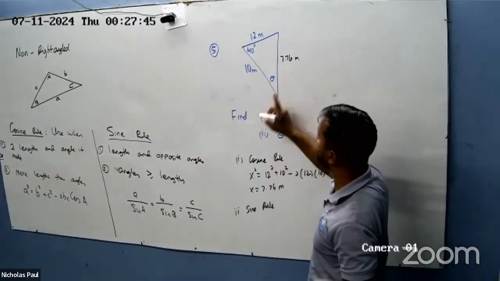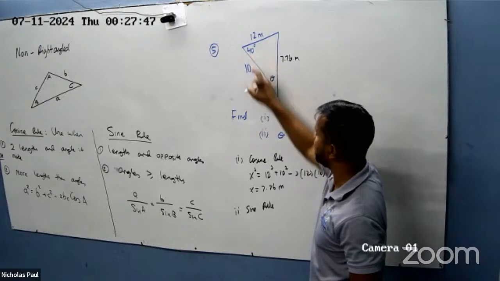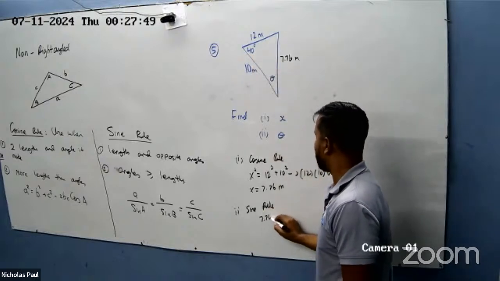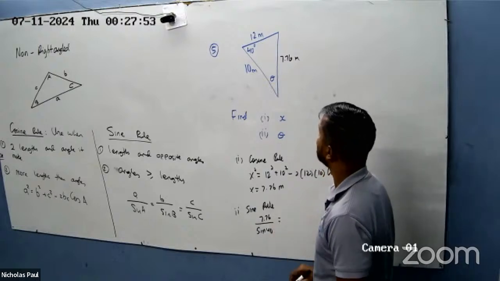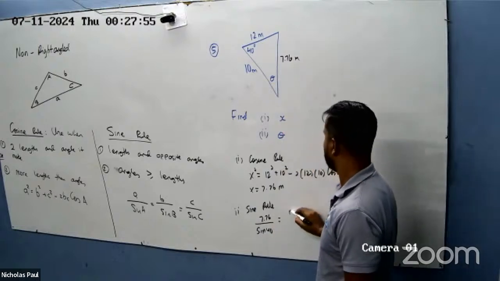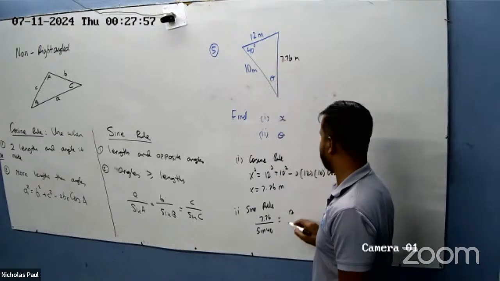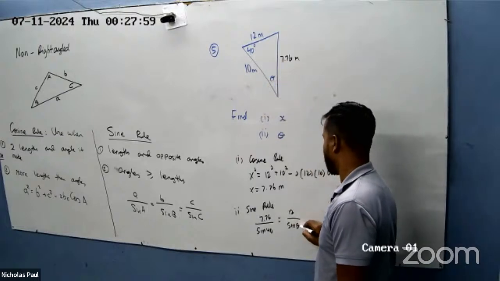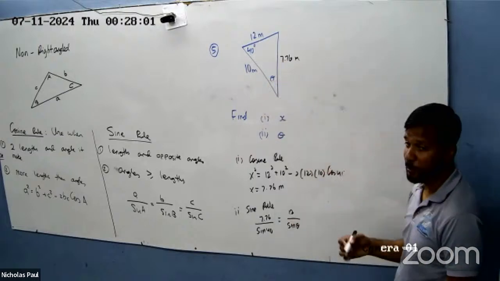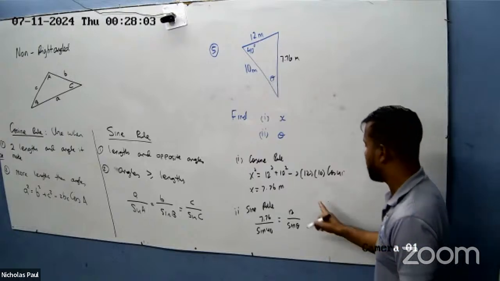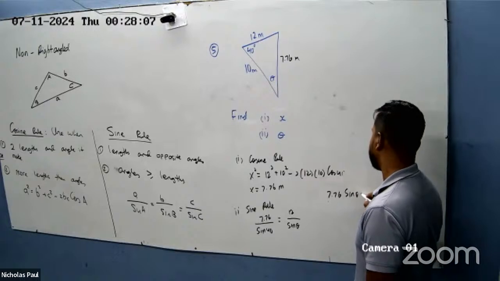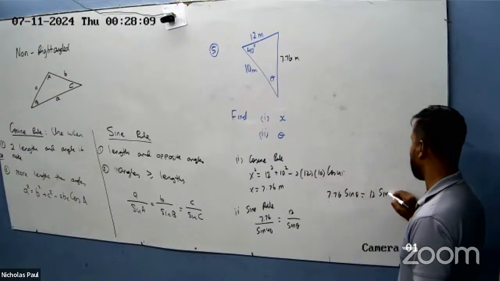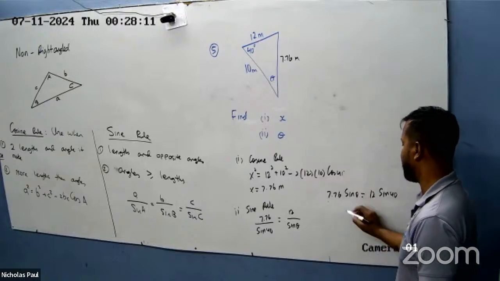Right, but sine rule is 7.76 over sine 40 is 12 over sine theta. We can't use 10 because we don't have the opposite angle. Cross multiply and you will get 7.76 sine theta is equal to 12 sine 40.